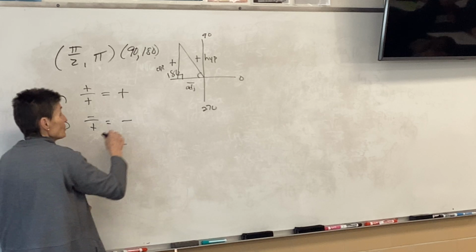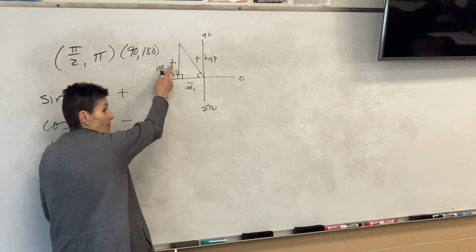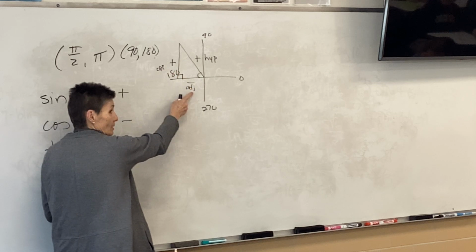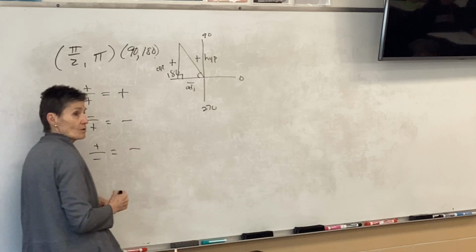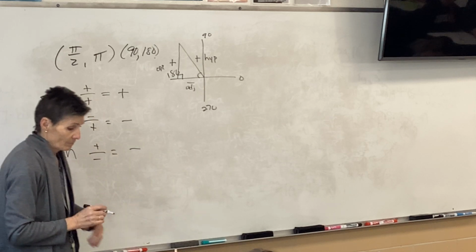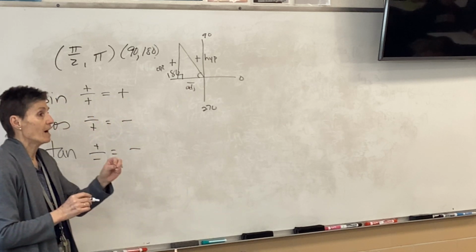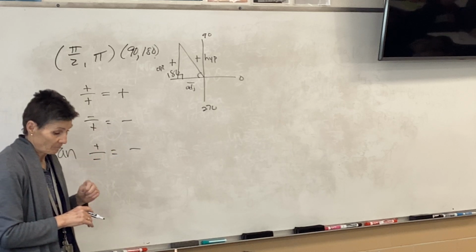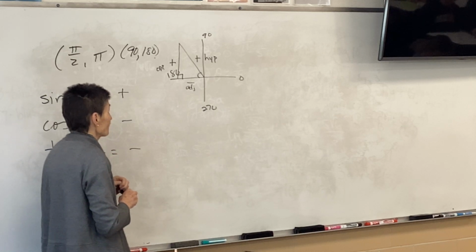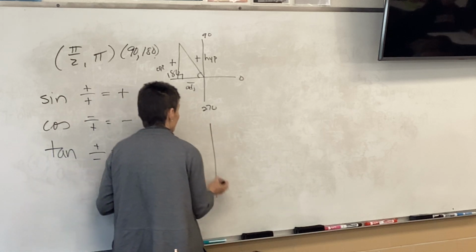And then the tangent will be positive over negative. So it is also negative. So the question says, tell the sign, S-I-G-N, that's positive, negative. All right, let's try the next one.